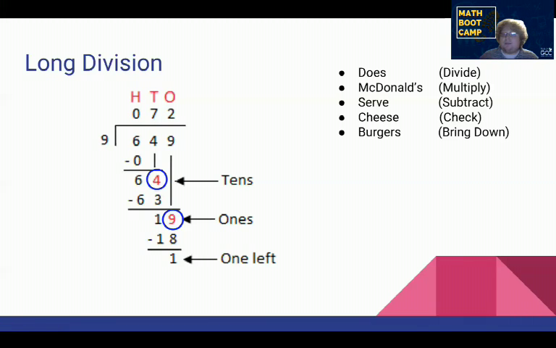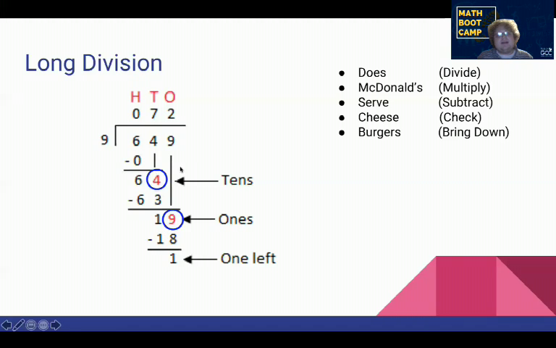We can keep going and bring down the next number, in this case, the 4. Well, 9 times what is close to 64 without going over? 9 times 7. Put the 7 up top. 9 times 7 is 63. Put it down beneath. Subtract, we get 1. And 1 is indeed less than 9.